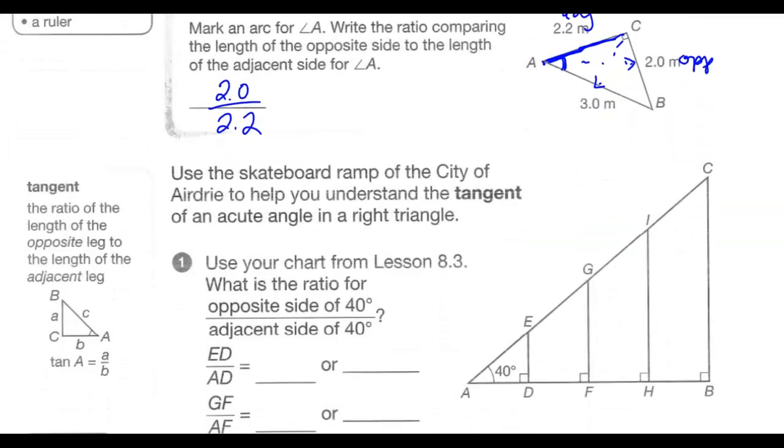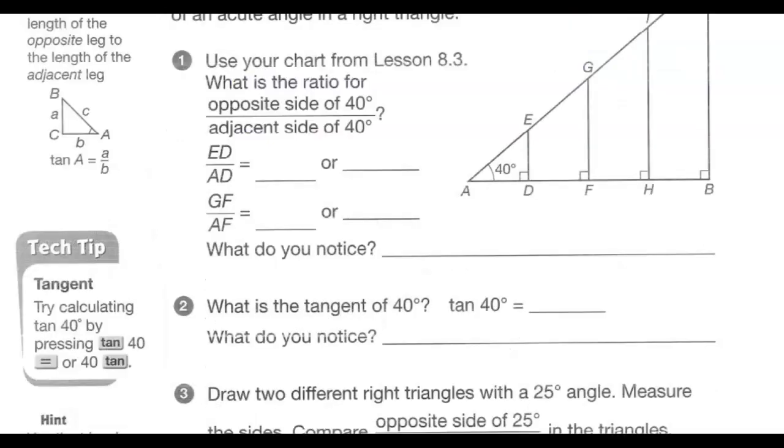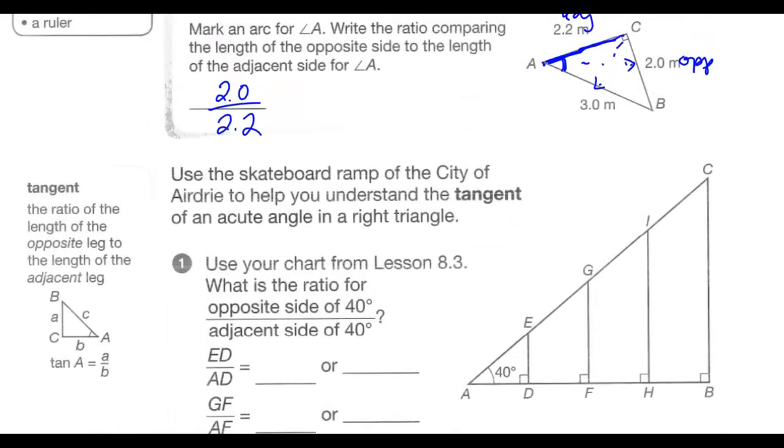Then the same skateboard ramp that we've used in the last two sections. In this one, we're going to look at the tangent ratios. They're asking you here to do the opposite side of 40, so that would be ED over the adjacent side, AD, or GF over AF, and so on.